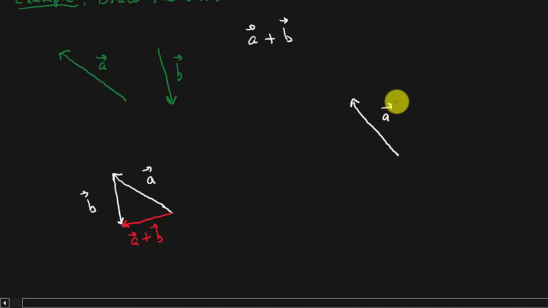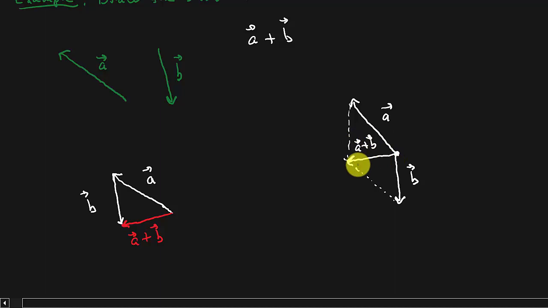Then we take the initial point of B and put it at the initial point of A. Then you create a parallelogram like this. The sum A plus B goes from the initial point to where those two lines come in contact, and this would be your A plus B.